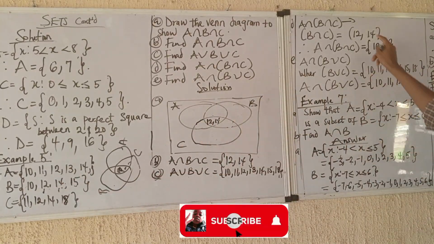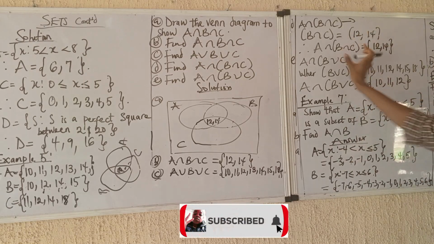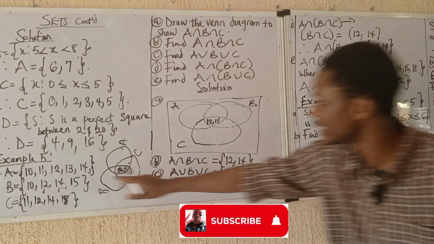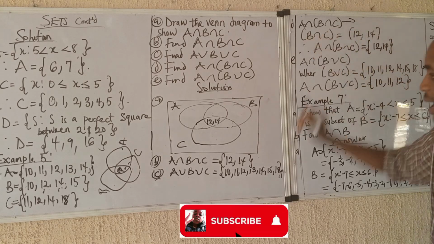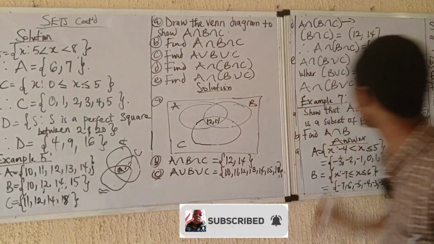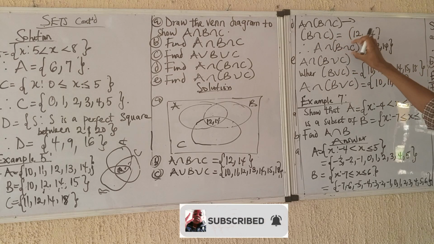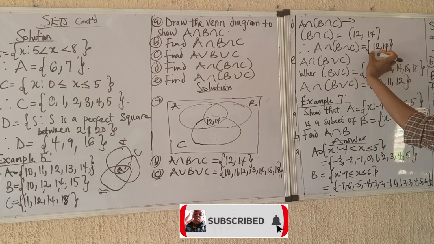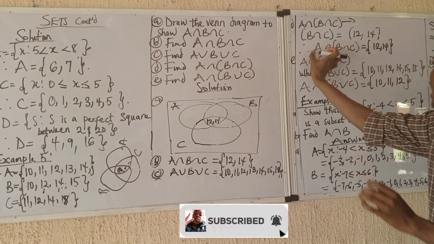So 12 and 14. 12 is common between this and set A, while 14 as well is common with this and set A. So A intersecting bracket open B intersection C is 12 and 14. These are the elements common to both this one and this one.